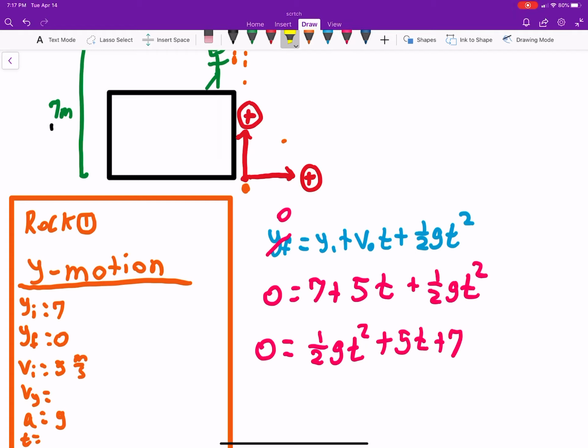And keep in mind, 1/2 g is a constant, 5 is a constant, 7 is a constant. So we could try factoring this, but it's going to be incredibly messy.